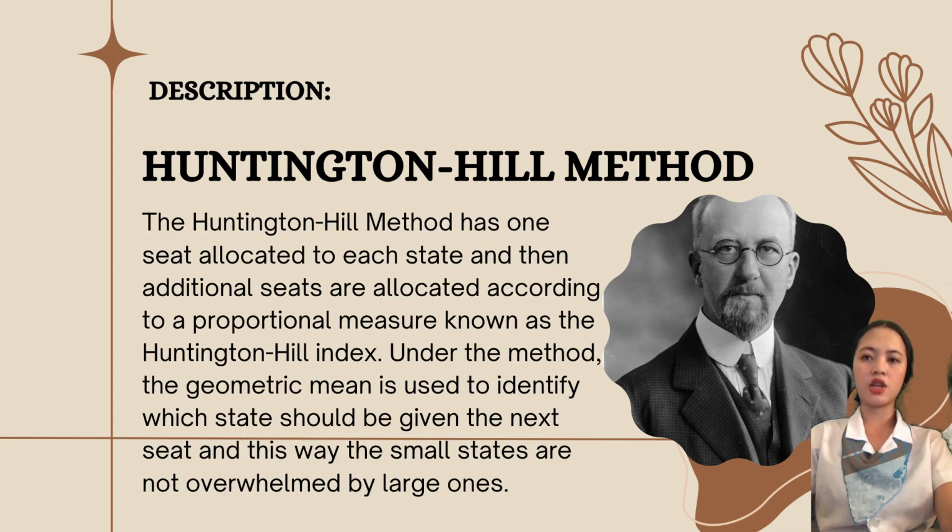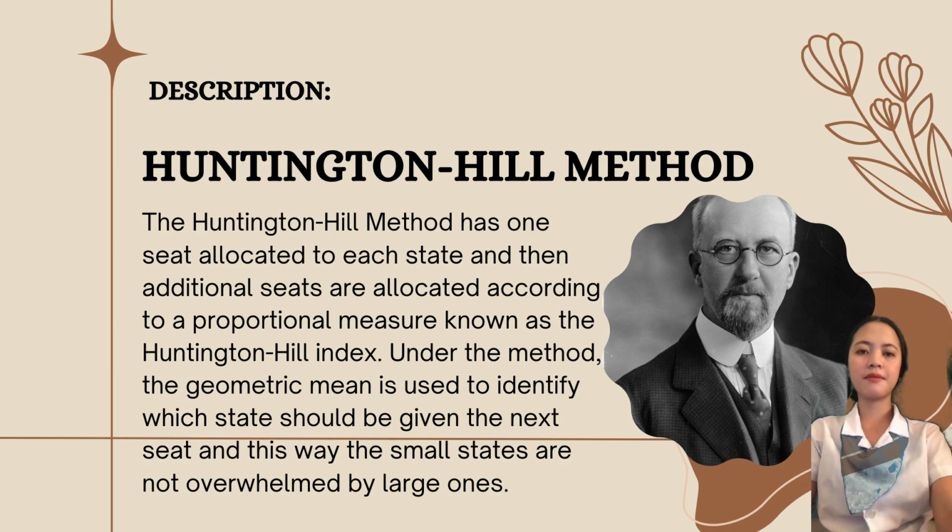The Huntington-Hill method allocates one seat to each state, and then additional seats are allocated according to a proportional measure known as the Huntington-Hill index. Under the method, the geometric mean is used to identify which state should be given the next seat. This way, the smallest states are not overwhelmed by the large ones.